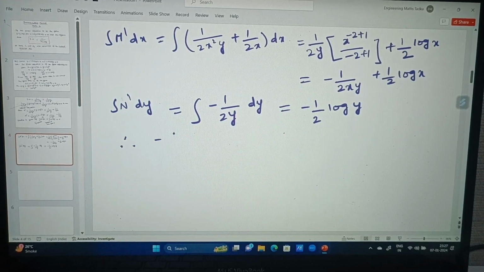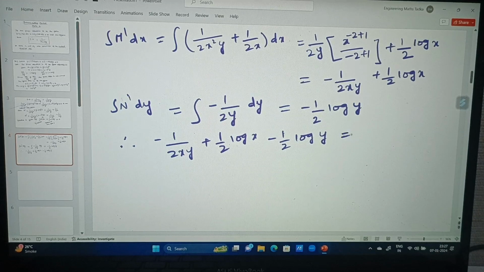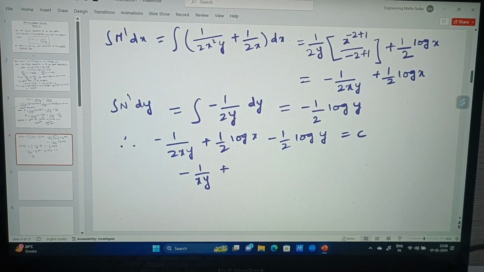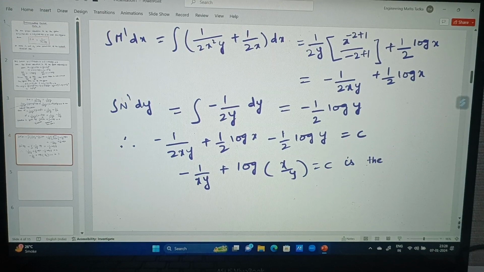Therefore, minus 1 by 2xy plus 1 by 2 log x minus 1 by 2 log y is equal to c. Now, minus half is common everywhere. Therefore, you can write it as minus 1 by xy or log x minus log y. Log a minus log b क्या है? Log a by b. Therefore, you can write it as plus log of x by y is equal to c is the required solution. Okay?